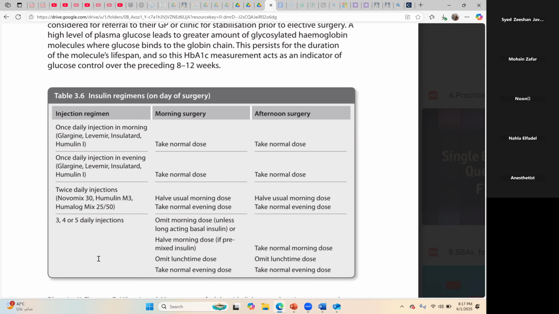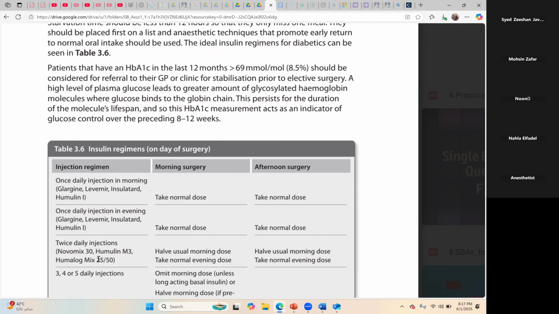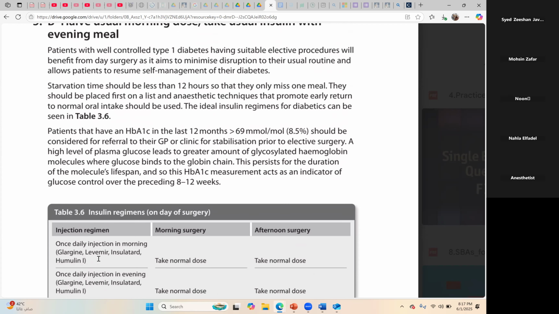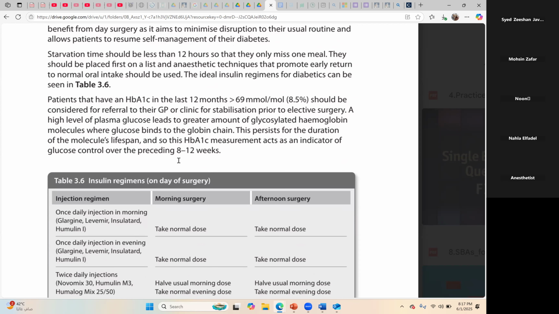I have no idea about it because actually this is not our domain. Usually, if this question is asked in the exam, we are not using these regimes; we have to convert it into regular insulin.